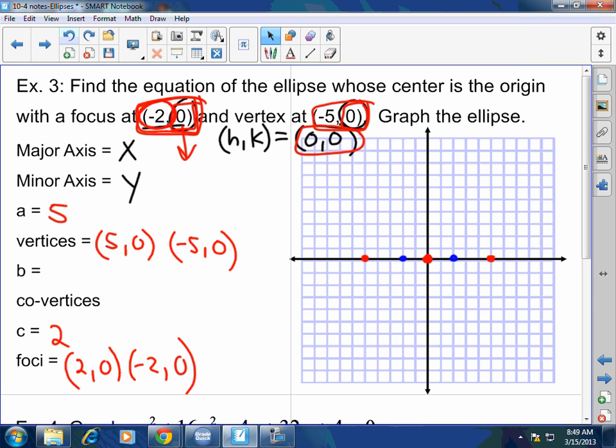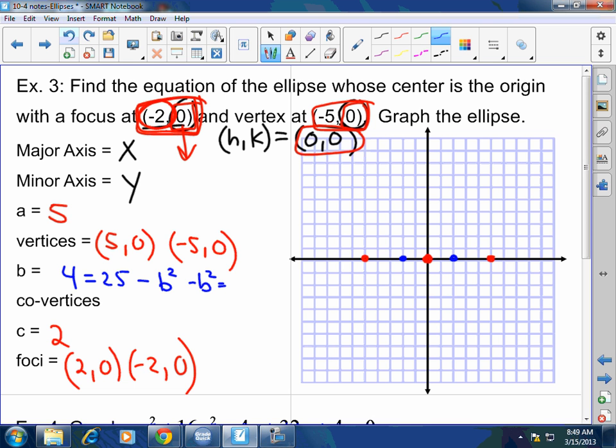And now, how do I get my b in this case? Well, c squared, which is 4, equals a squared, which is 25, minus b squared. So negative b squared equals negative 21. Divide by a negative, b squared equals 21. Take the square root of both sides, b equals square root of 21.